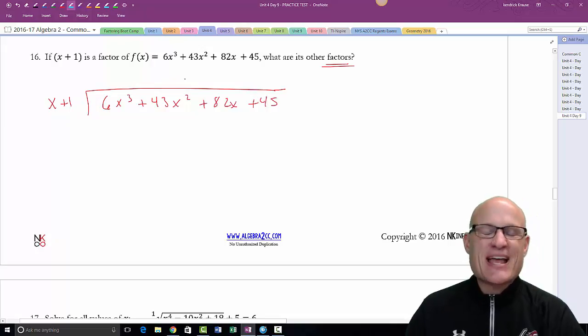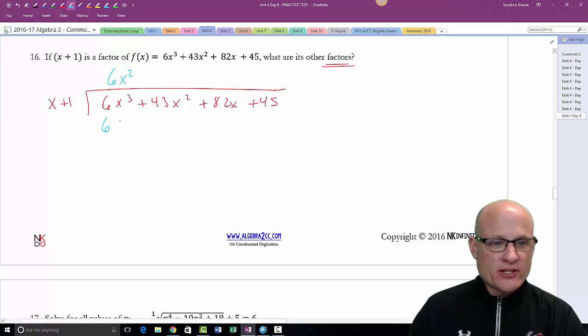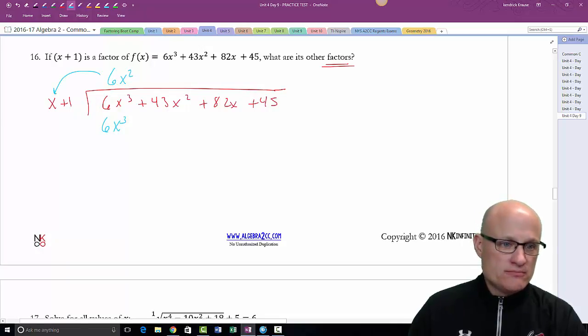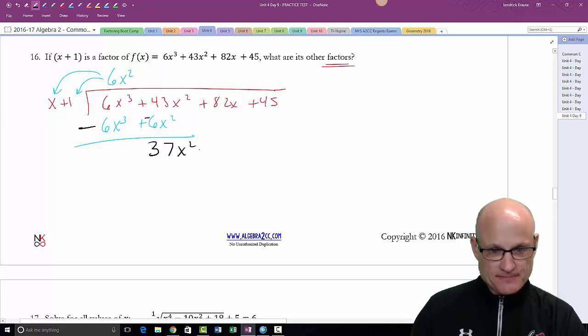You just have to be very careful of your signs. I'm going to multiply by 6x squared. That's 6x cubed and 6x squared. Subtract. Be careful with the subtraction. Subtract, subtract. That's going to be 37x squared plus 82x.